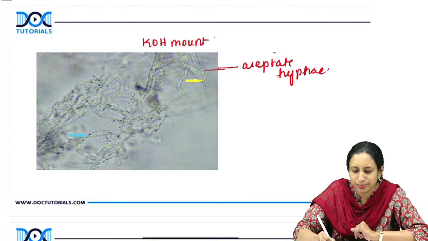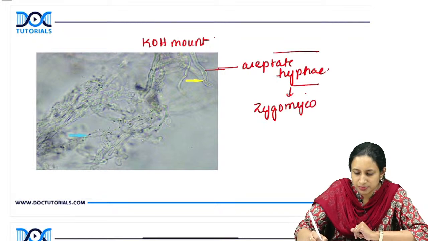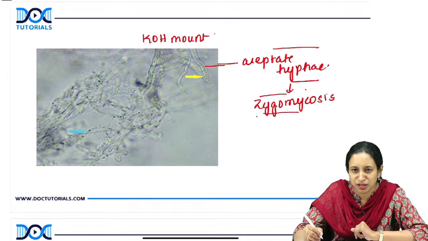And if it is aseptate hyphae, what are we thinking about? This could be a case of Zygomycosis, where a person presents with aseptate hyphae.